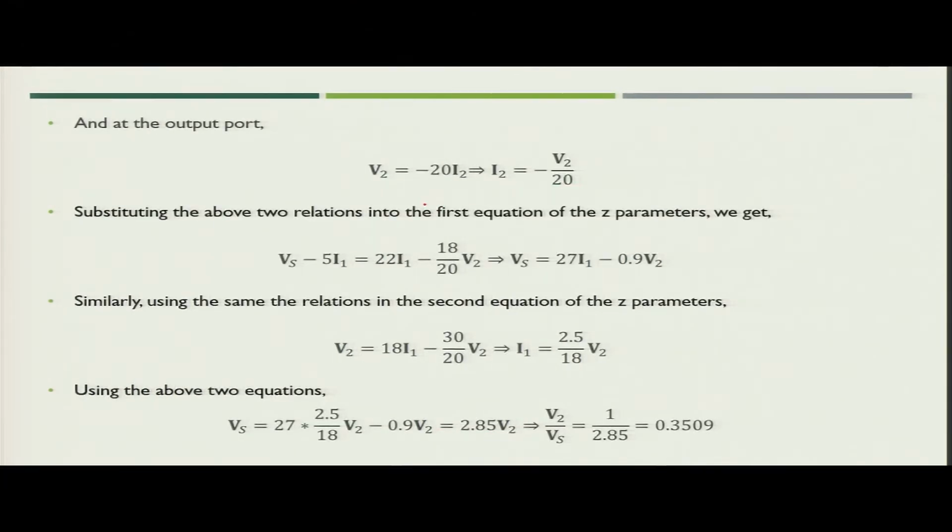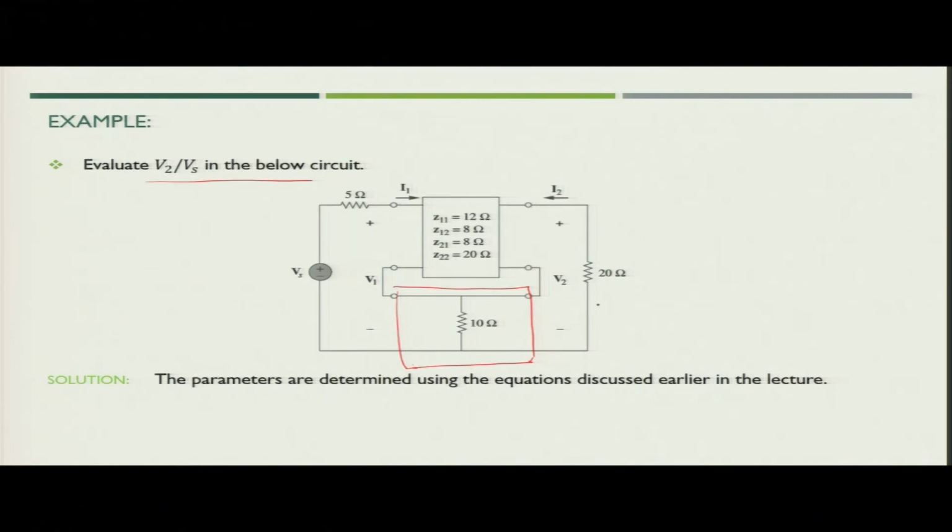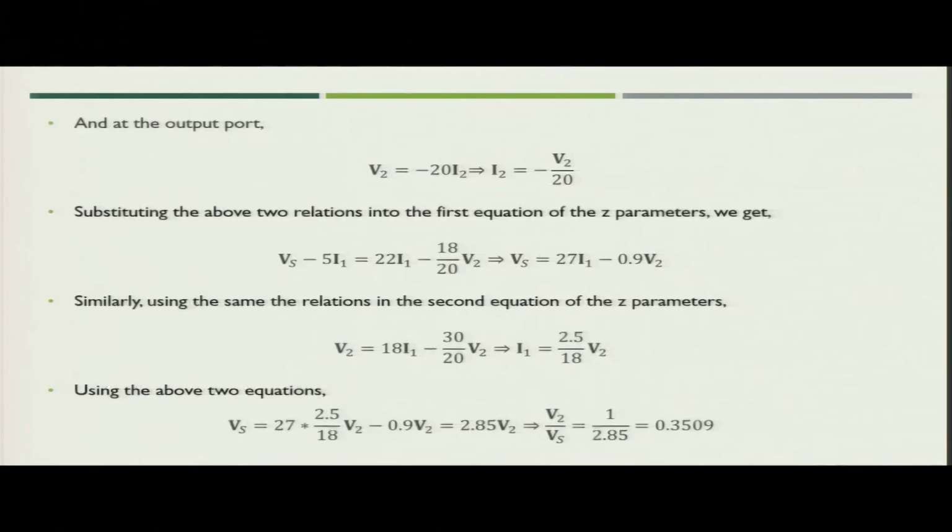For the output port, V2 is nothing but minus 20 I2. So, we now have two equations coming from the given circuit conditions. V2 is minus 20 I2, or I2 is equal to minus V2 by 20.